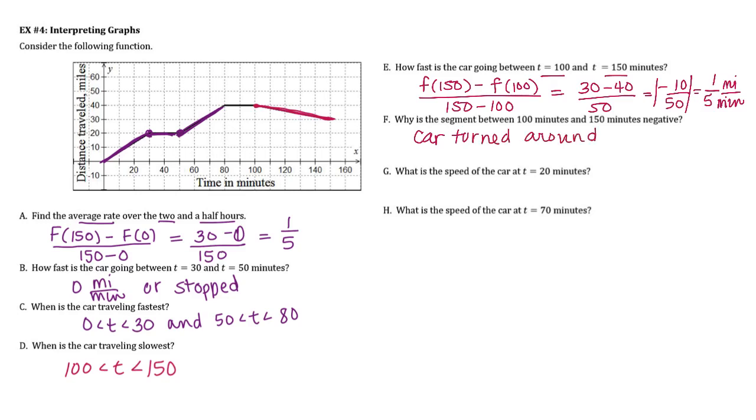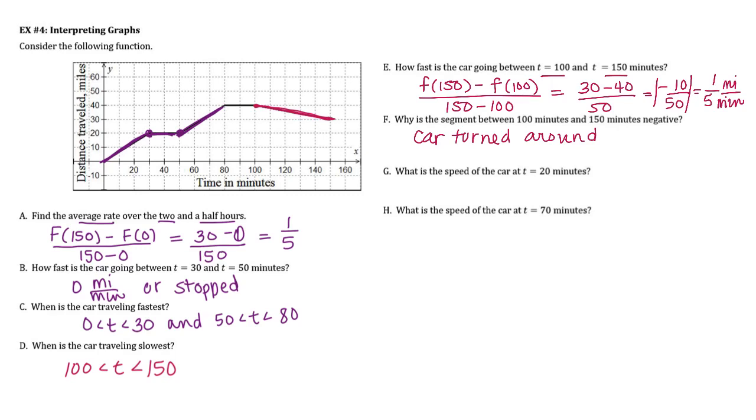Okay. So now let's look at part G. What is the speed of the car at 20 minutes? So at 20 minutes, to find that speed, notice it is on that line segment. So if I knew the slope, that would be wonderful. So let's see what we're going to have.